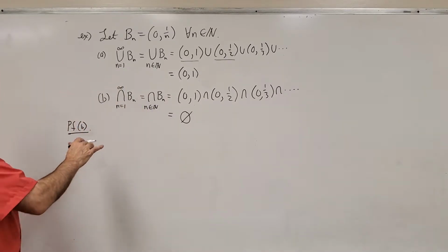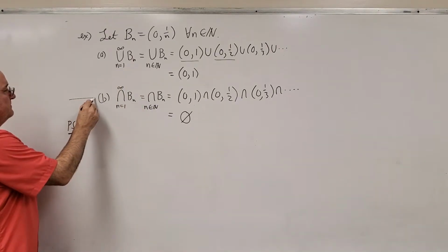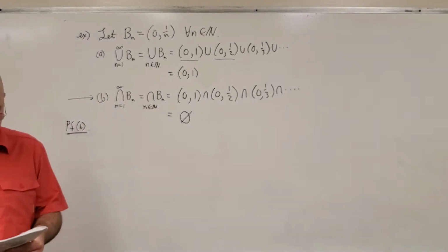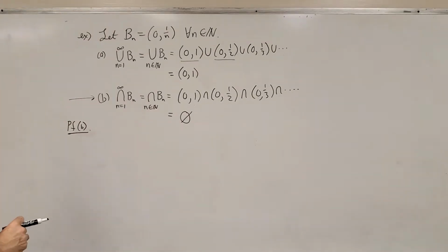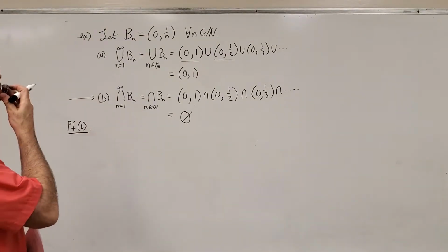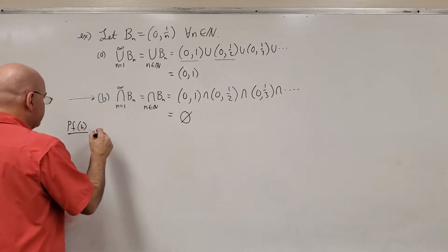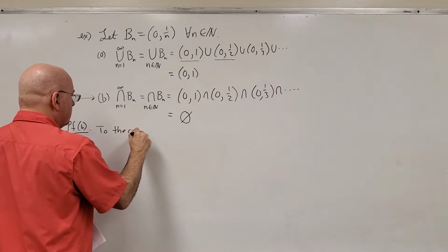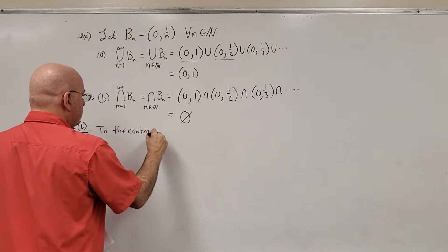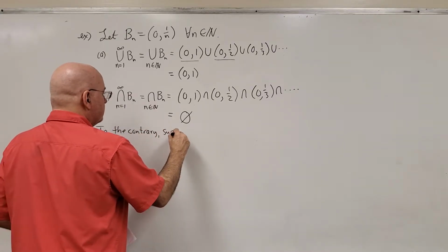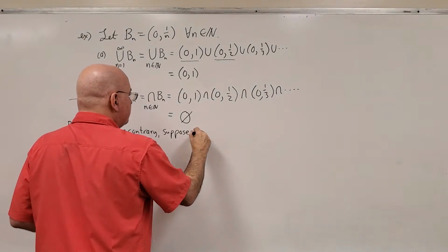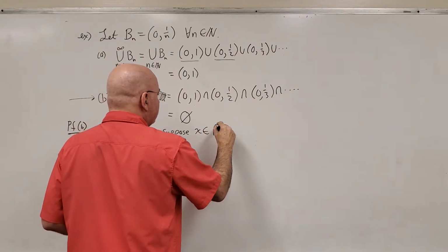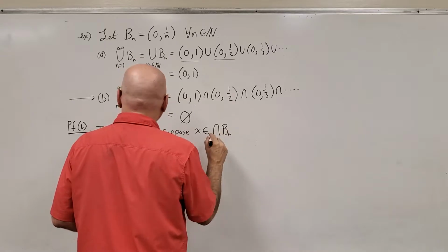Okay, let's do a simple proof of this one. Proof of B. I'm going to do what's called a proof by contradiction. We're going to start off by saying to the contrary, suppose some number x is in the intersection of all of those Bn's.